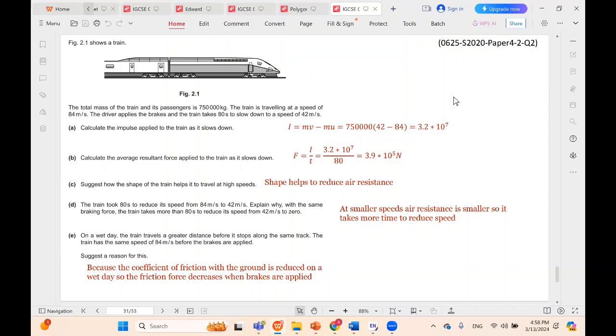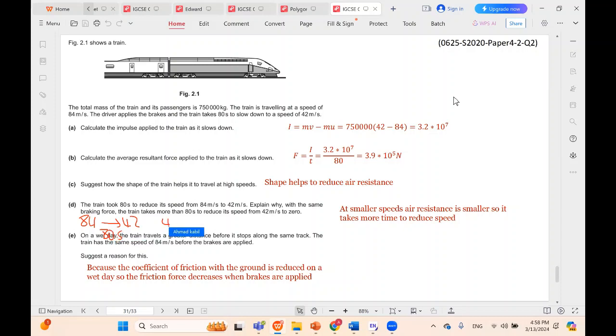In D, the train took 80 seconds to reduce the speed from 84 to 42. Explain why, with the same braking force, the train takes more than 80 seconds to reduce from 42 to 0. So this is nice. This is a conceptual question. They are saying that we have the same braking force, and to go from 84 to 42, it took us 80 seconds.